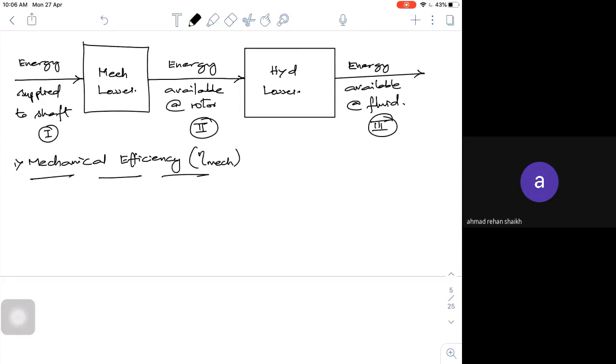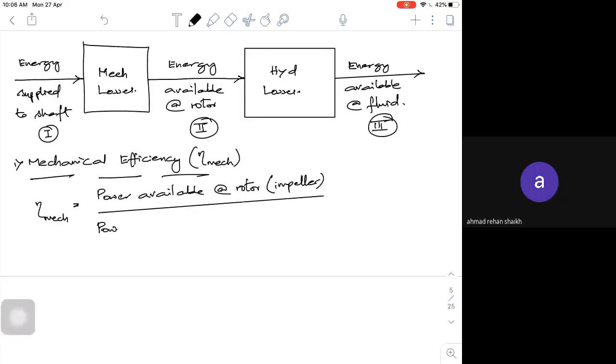The mechanical efficiency is the ratio of the power available at the rotor, which in the bracket you can put as impeller also, to the power supplied to the shaft, or energy, whatever it may be. So this is 2 divided by 1.